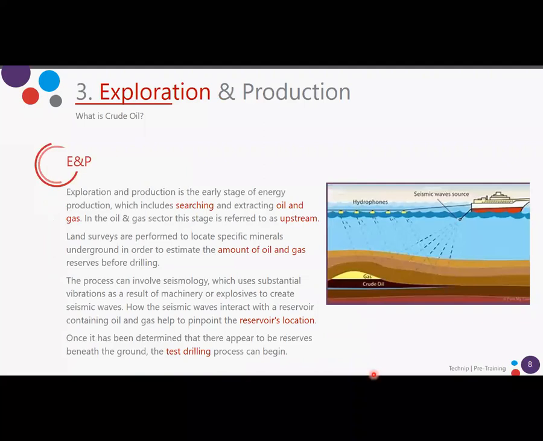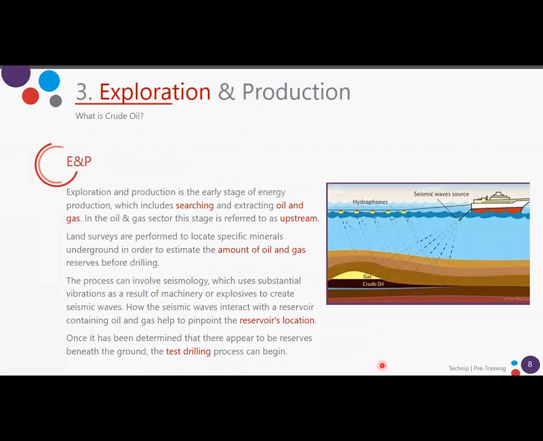So let's talk a little bit about what is exploration and production. Of course, this is a complete subject, very specific, that requires a lot of study and a lot of understanding. We will give here some brief concepts of exploration and production.